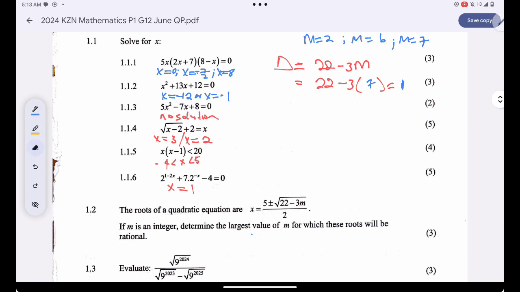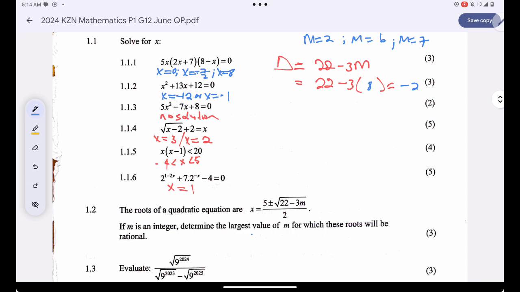Let's see whether 8 will give us a perfect square or not. 22 minus 24 will give us a negative 2. Immediately whenever we start getting negative numbers, we stop, because we are told that the roots of the equation exist, and if we have roots, it simply means that delta should not be a negative term.